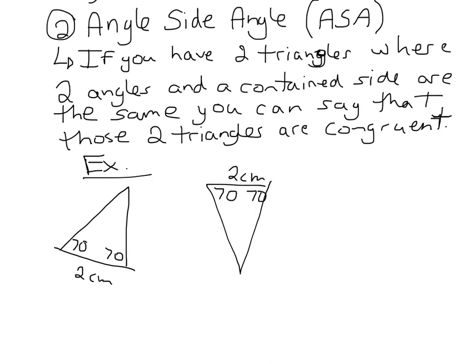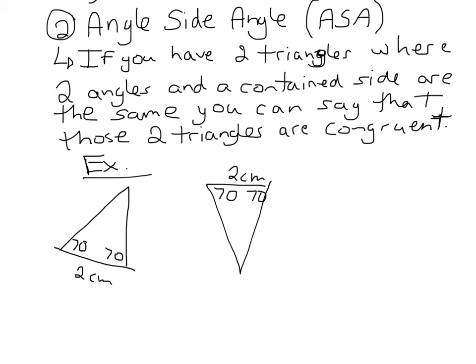Right. I've got an angle and another angle that are the same. So these two angles are the same. Poor example, maybe because I used an isosceles triangle. These two don't have to be the same. As a matter of fact, I'm going to change that just to get rid of any kind of confusion.